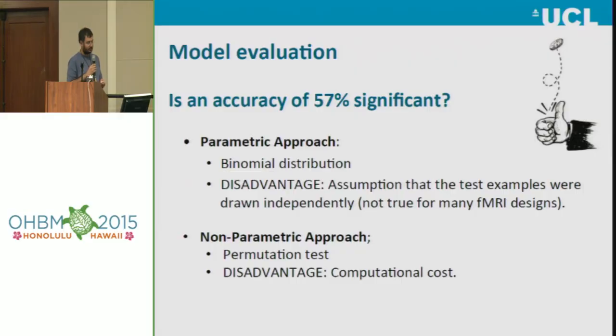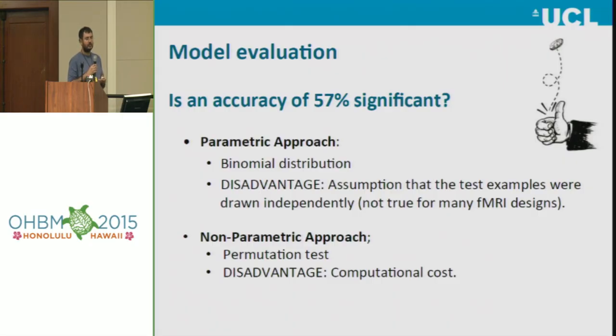On the other hand, we can use what are called non-parametric tests, permutation tests. But these come at a very big computational cost. Very quickly, what these try to do is break the relationship between the input features and the targets by using permutations and evaluating the model accuracy many times.